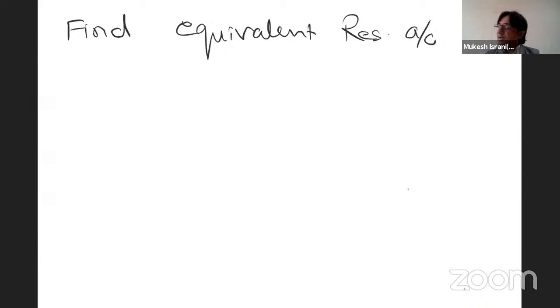Again, the question will be find equivalent resistance across points AB. The sum looks like this. I'll change the color of the pen.